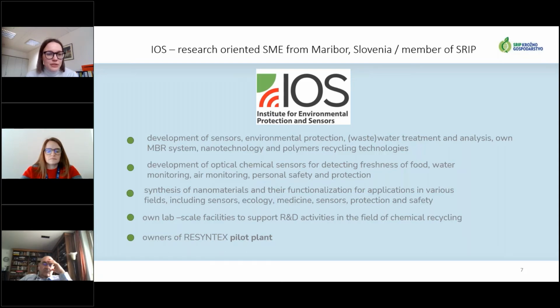And in addition, they also have expertise in the synthesis of nanomaterials and their functionalization for applications in different fields like medicine, sensors, safety. They have their own lab scale facilities to support these R&D activities in the field of chemical recycling, and they are owners of a Resintex pilot plant.